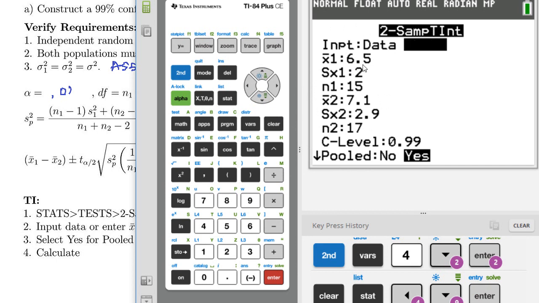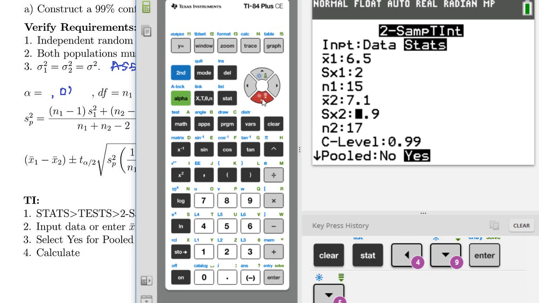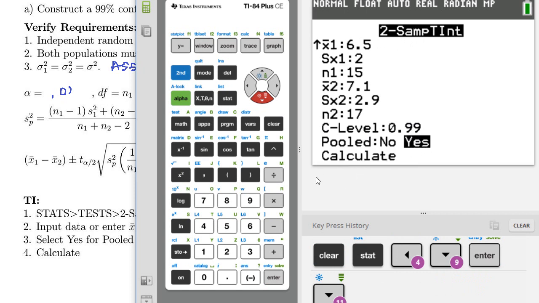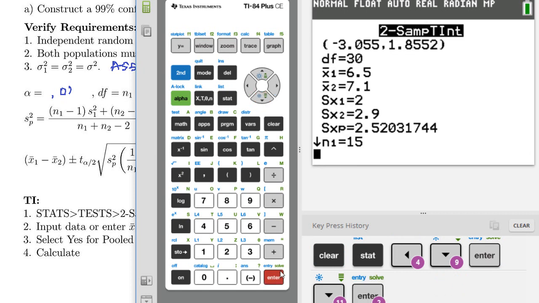And then we input our x1 bar was 6.5, s1 was 2, first sample size 15, second sample mean 7.1, second standard deviation 2.9, second sample size 17, and then our confidence level 0.99. You want to make sure that yes is highlighted on the pooled estimator and hit calculate. And there is our negative 3.06 to 1.86.